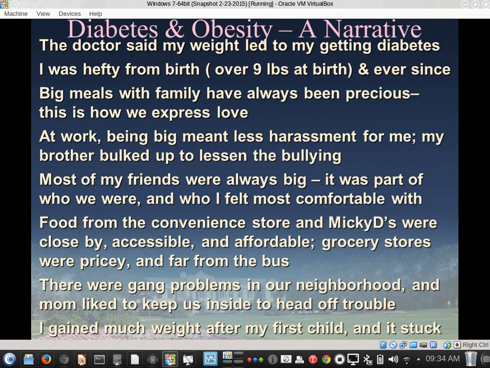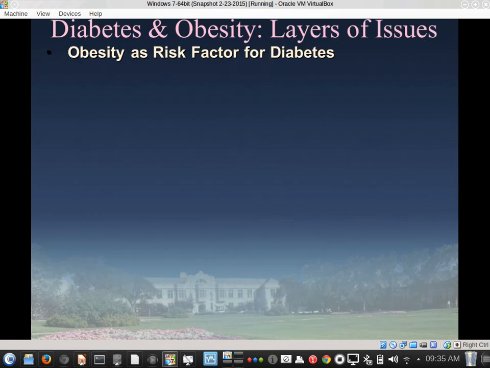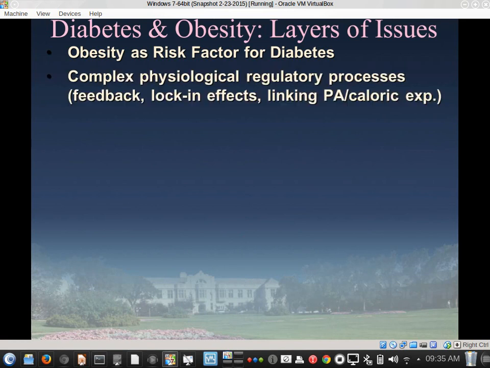Some of them relate to social determinants of health: the availability of a walkable infrastructure, the built environment, recreational facilities, food availability, rather than living within a food desert. Others have to do with the culture, the fact that sometimes people in the inner city bulk up to avoid bullying, particularly young men. There are issues having to do with sociocultural behavioral practices that are hard to change because they're so rooted in the culture. And we see this in many areas.